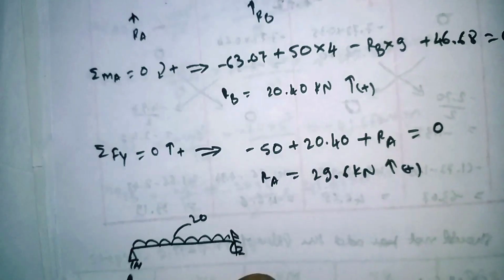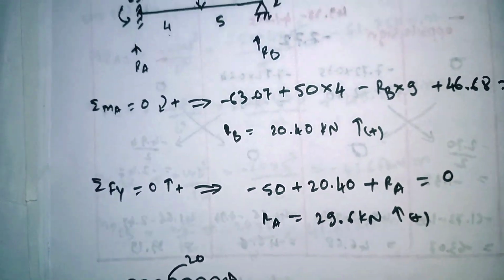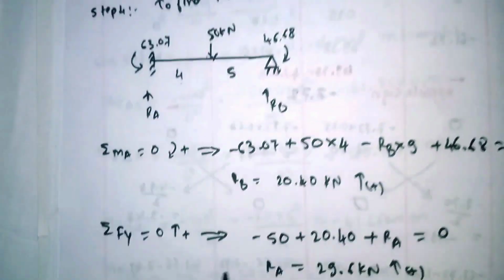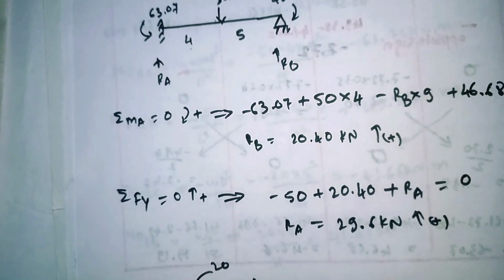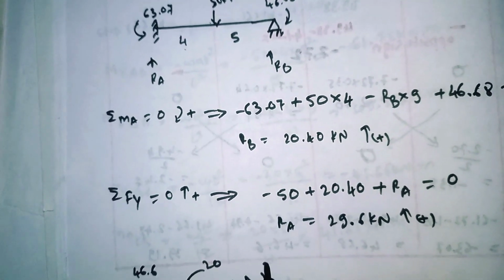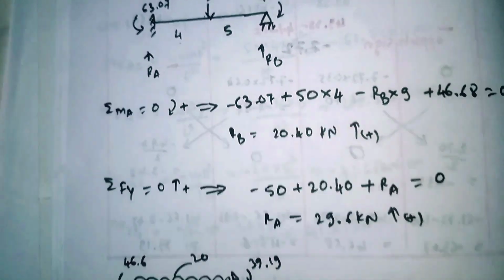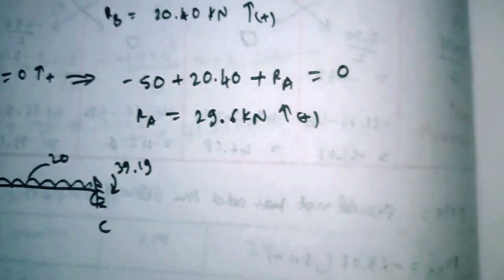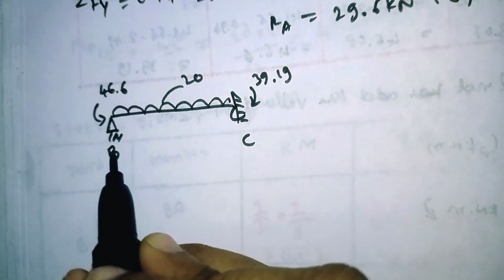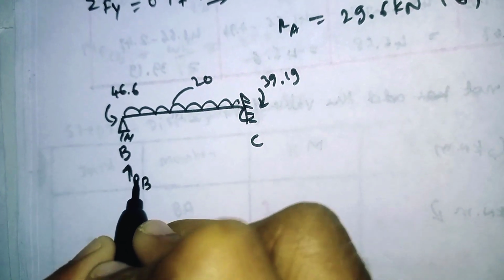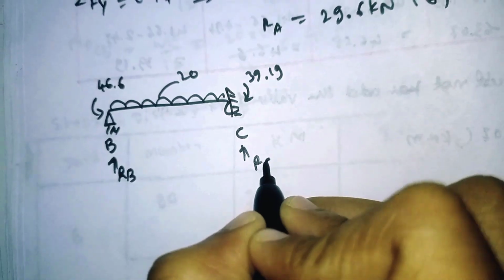This is point B and this is C. So the moment about BC is 46.6, it is anti-clockwise, and this is clockwise, that is 39.19. So now we'll calculate the reactions for this. Here reaction RB is acting, here reaction RC is acting.